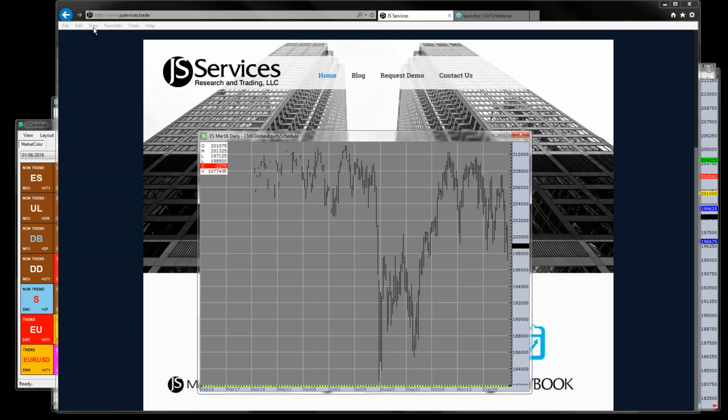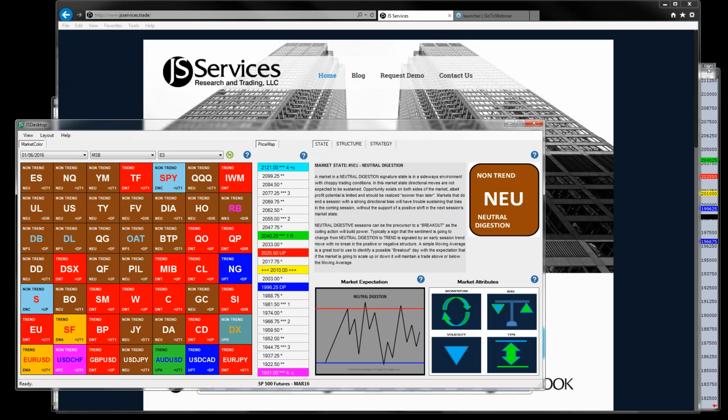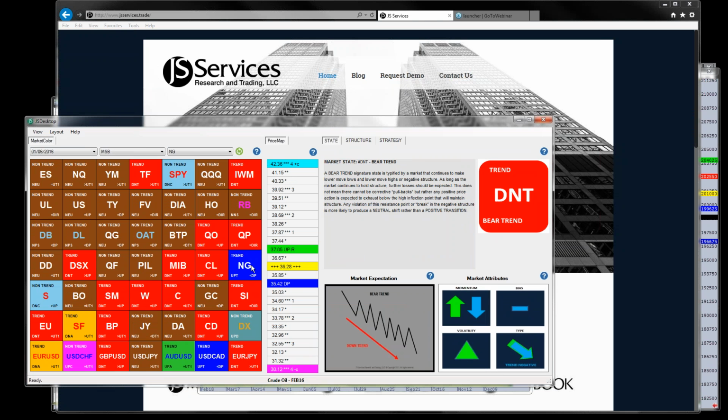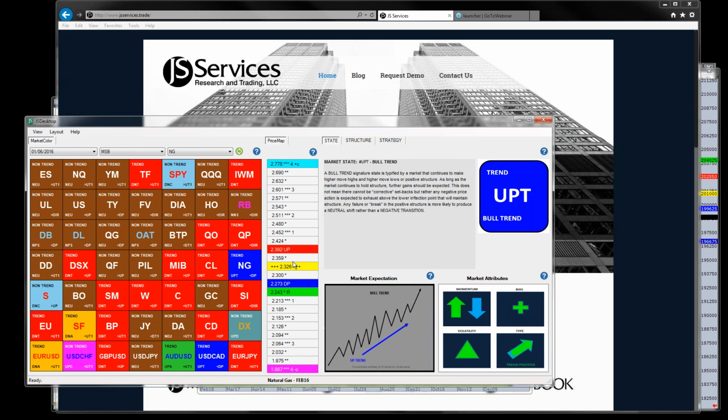And if we talk about a market state, in our desktop application, neutral digestion would be a market state. Bear trend would be a market state. Bull trend. When a trader's coming into the market, the question is: are we trending or non-trending? Kind of a more black and white picture of what the expectation is. Are we going up or down or sideways?